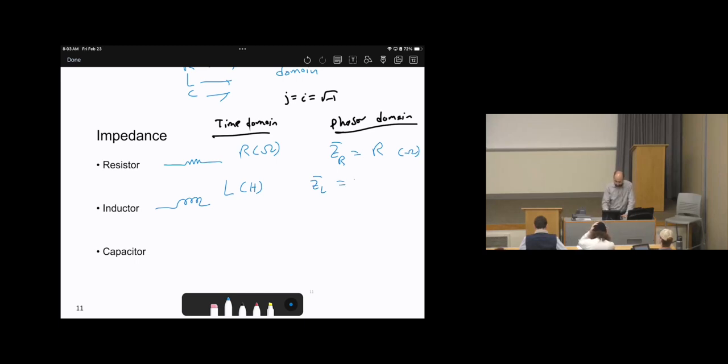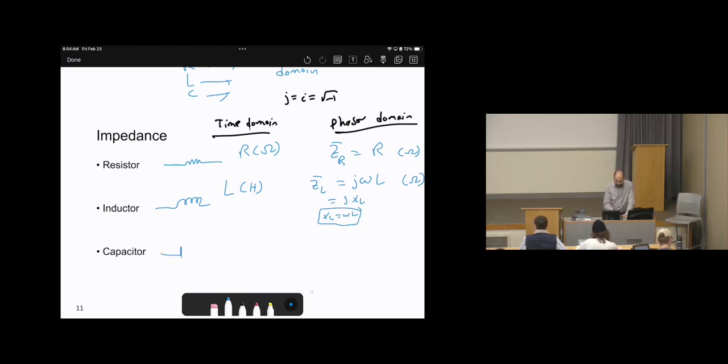It will be j times omega, where omega is the angular frequency, which is 2 pi times f, times L. j omega L. And the unit will be ohms. No longer will it be Henry, it will be ohms. And keep in mind, j omega L, sometimes we can write it as j X L, such that X L equals omega L without the j. Okay?